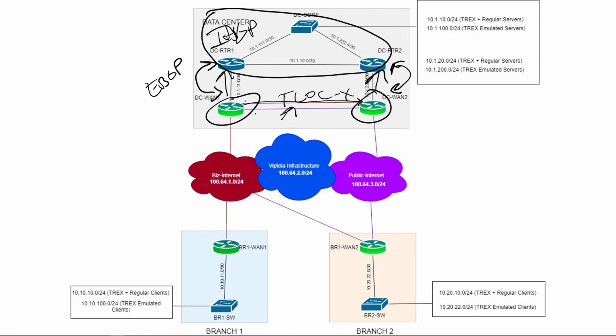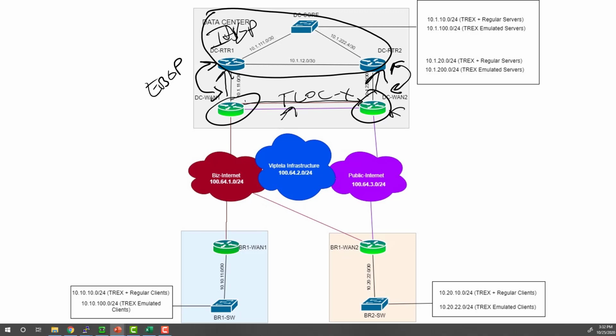And we just have to make sure that that space is advertised or available, that the provider will route that for us. And then this router can actually use that Biz Internet connection to build IPsec tunnels and control tunnels.